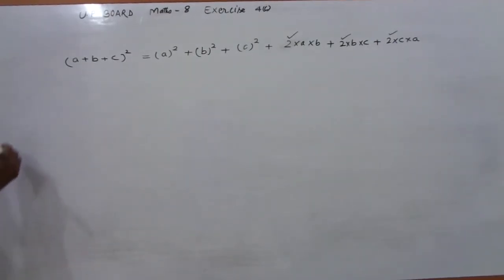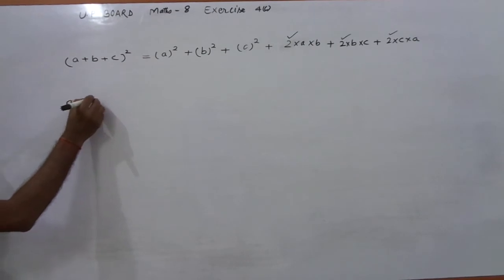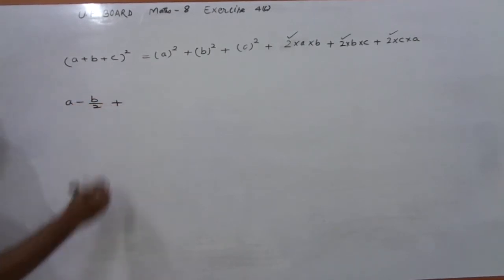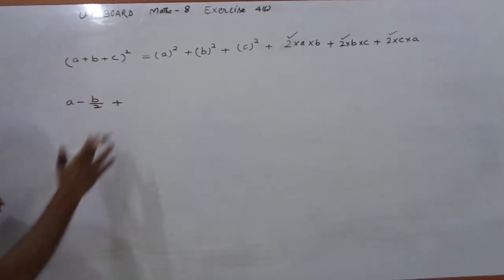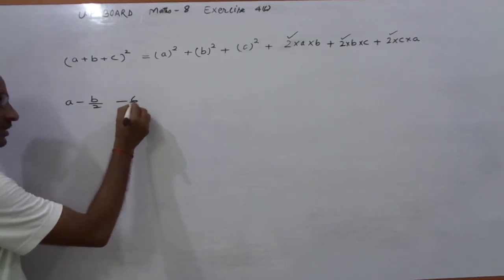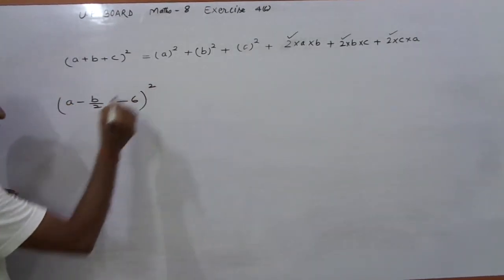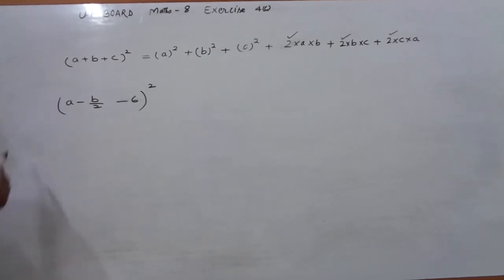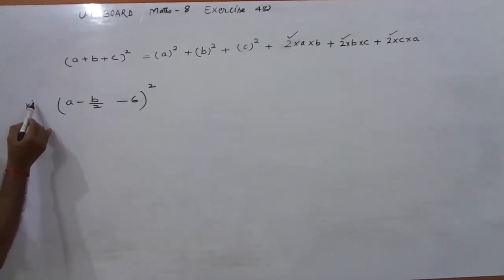Our next question is a minus b upon 2 and minus 6 whole square. This is the 11th question.